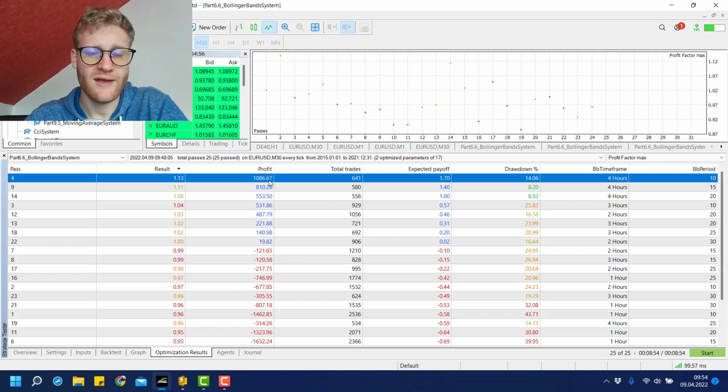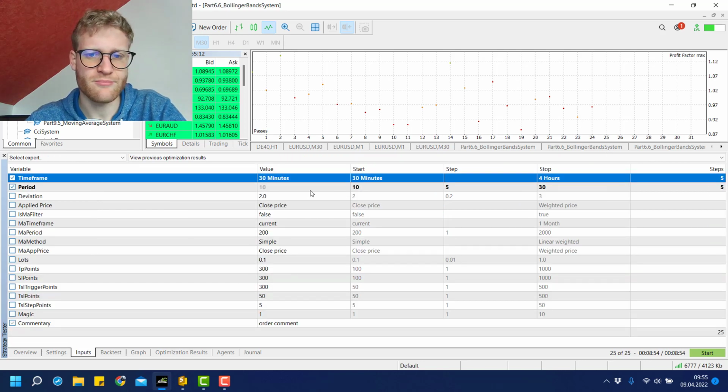But since we now have a positive result, let us make another test with this result, where we have a Bollinger Bands time frame of 4 hours and 10 periods.